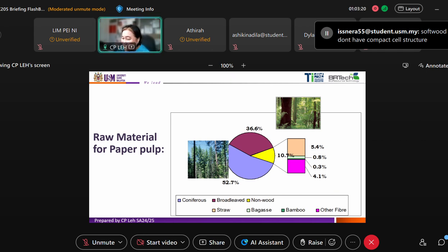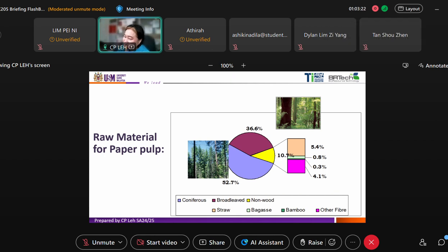Softwood do not have compact pack structure. Can you relate it with the lignin content? Softwood, high lignin content, low density because of what? Softwood do not have compact cell structure.